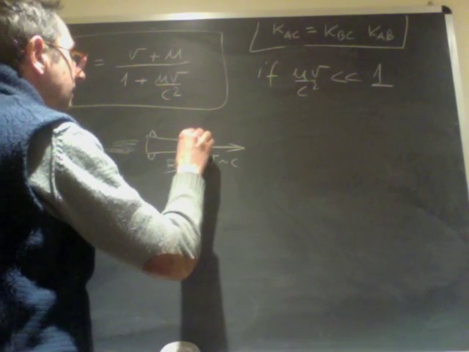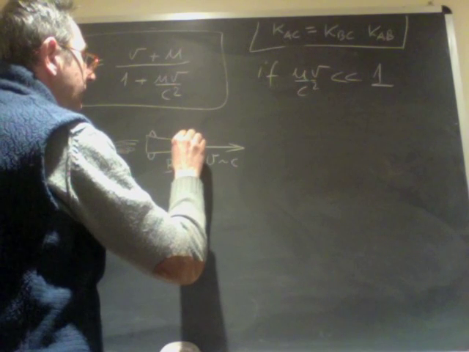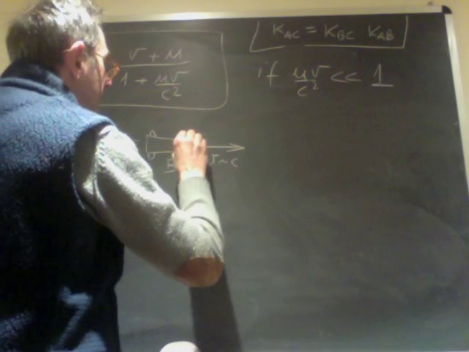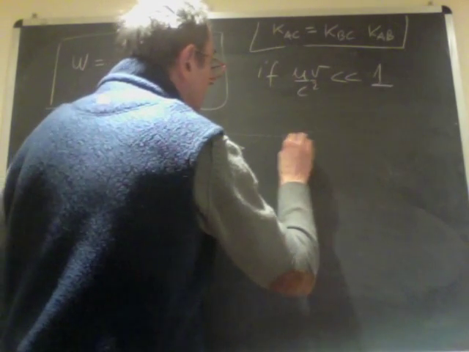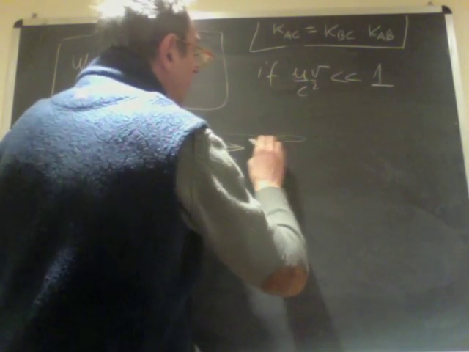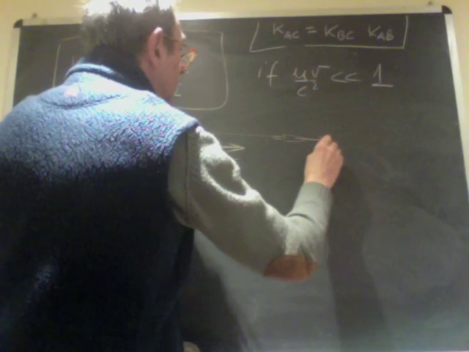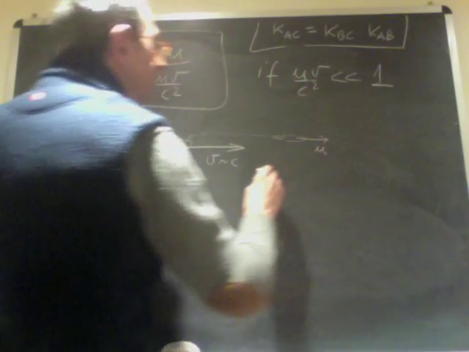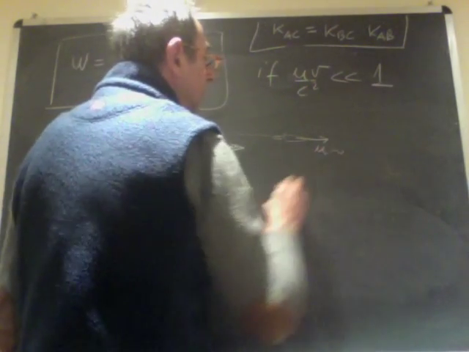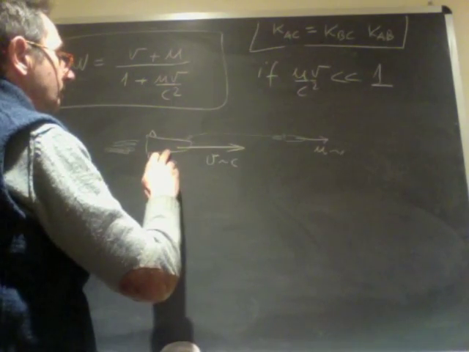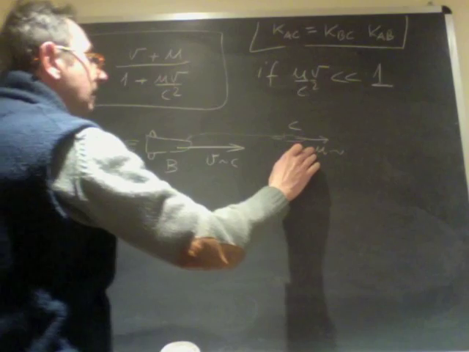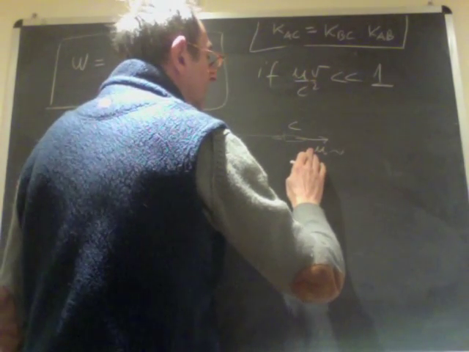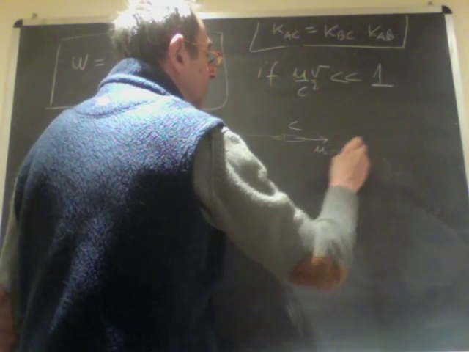And then from this starship, a little shuttle C flies away with the speed U with respect to B, also very near to the speed of light.